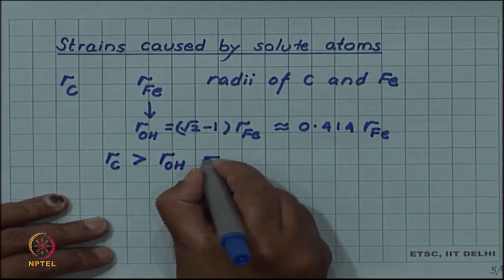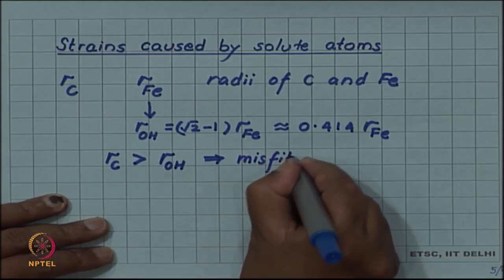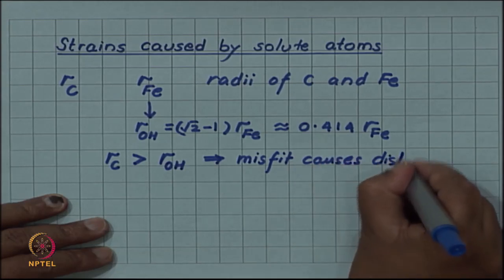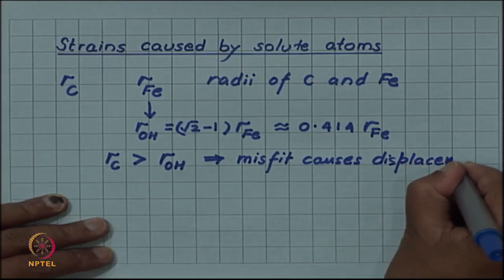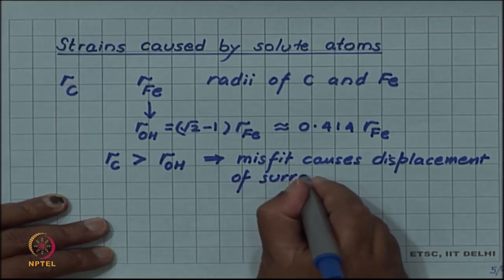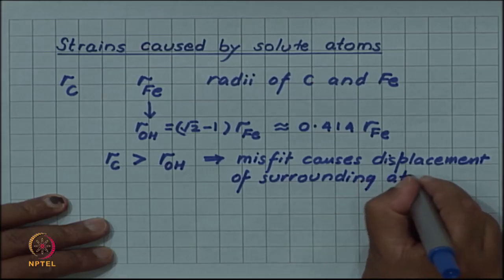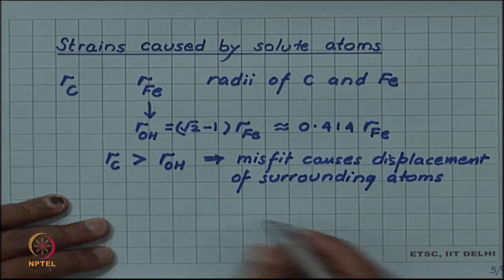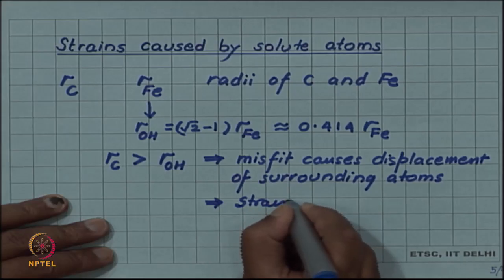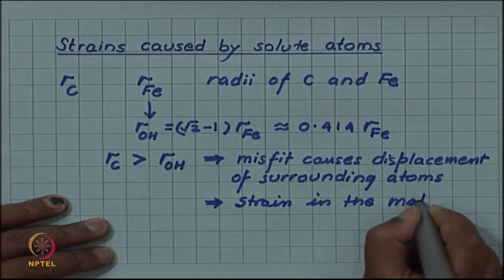And this misfit causes a strain. It causes displacement of surrounding atoms, which we say is a strain in the matrix.